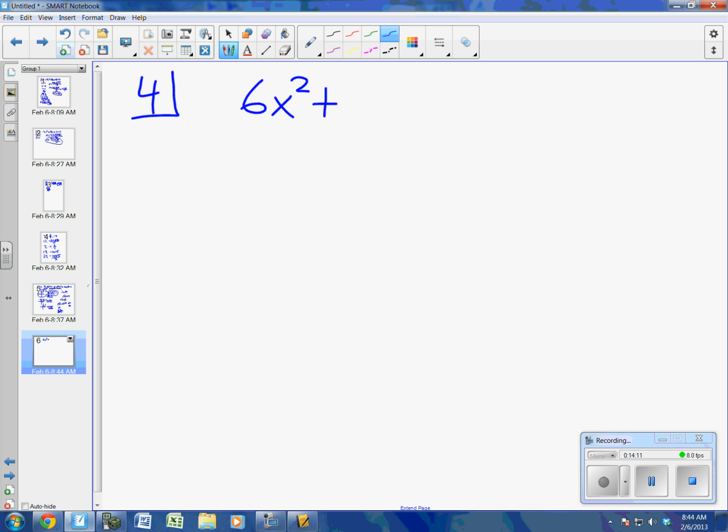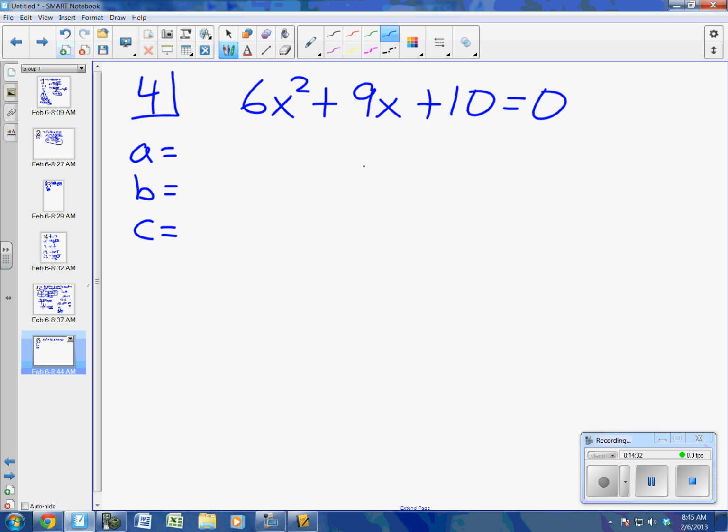6x squared plus 9x plus 10 equals 0. All right, so we're going to be solving this using the quadratic formula. We need to know what a, b, and c are.